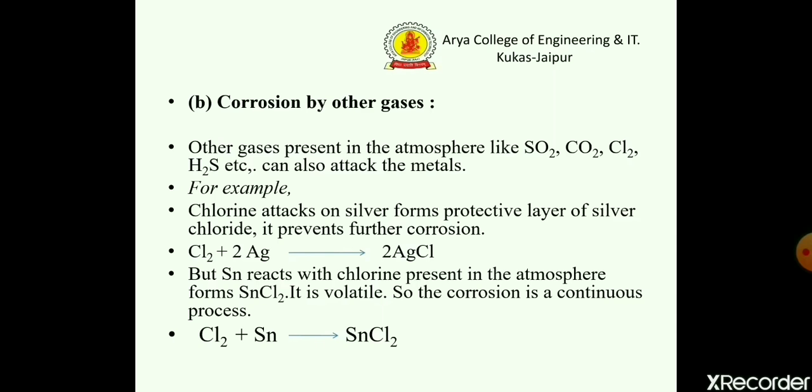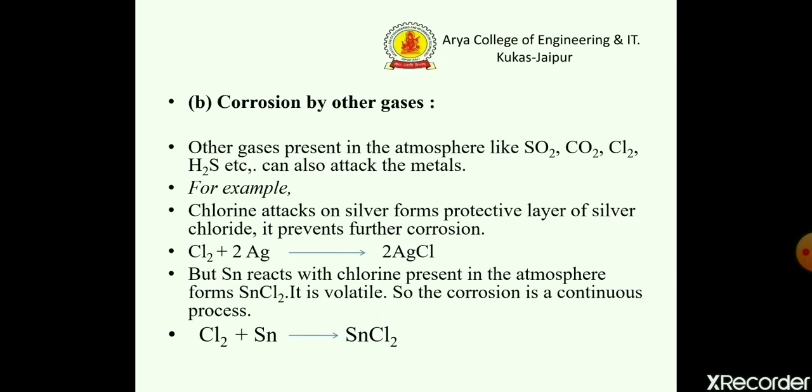For example, if chlorine attacks silver, it forms a protective layer of silver chloride and prevents further corrosion. It means on the surface of silver, further corrosion will not be possible. The reaction is Cl2 plus Ag converted into silver chloride.